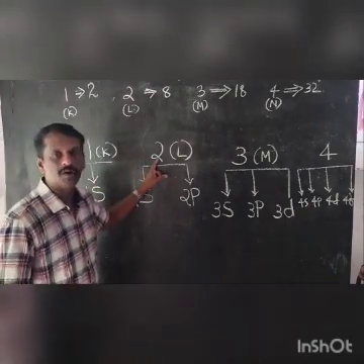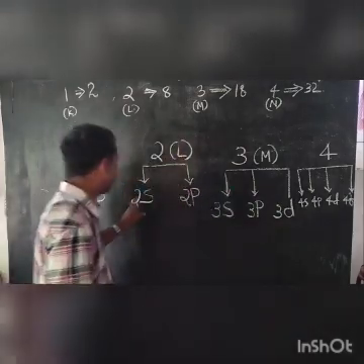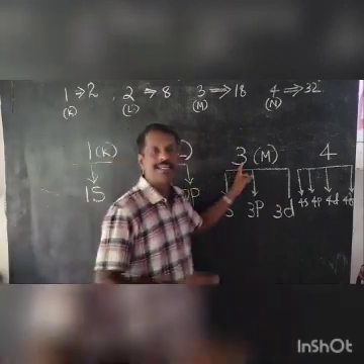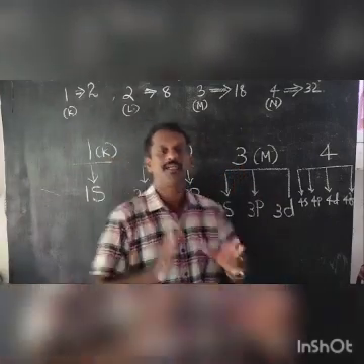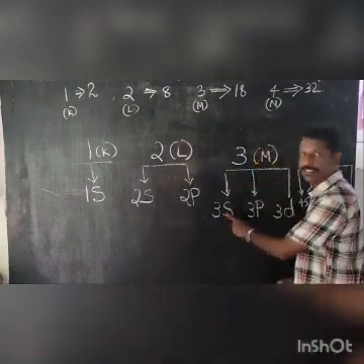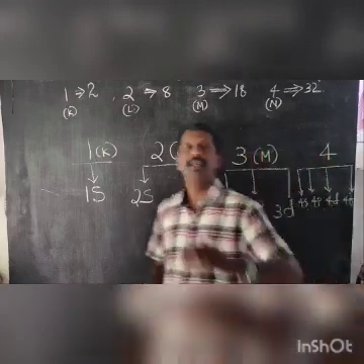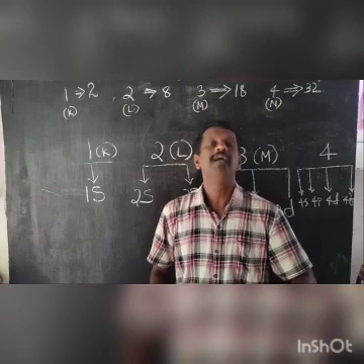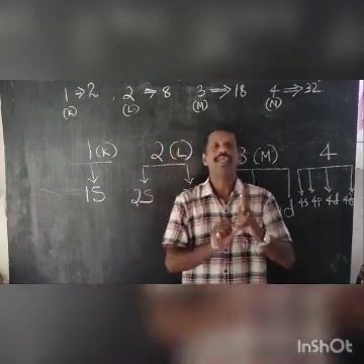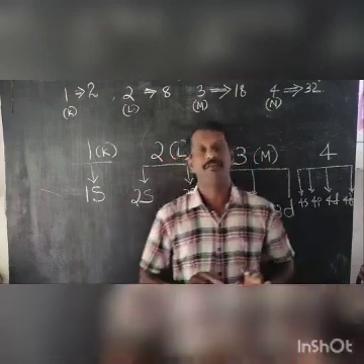The second shell or L shell has two subshells, 2S and 2P. The third shell has three subshells, 3S, 3P and 3D. The fourth shell has four subshells, 4S, 4P, 4D and 4F.